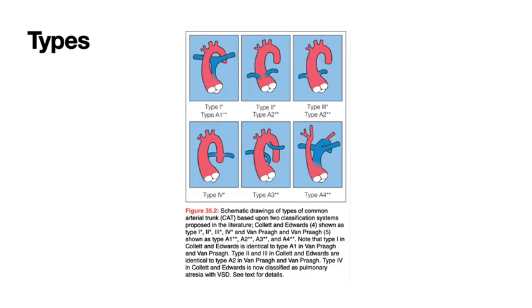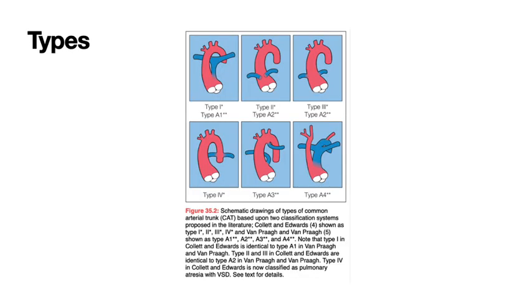So typically, the conotruncal area, the top of the primitive heart tube, needs to undergo, one, septation, meaning instead of single lumen, two lumens, and it needs to rotate from off of its right ventricular location to both. And that failure of septation is the problem here with common arterial trunk.